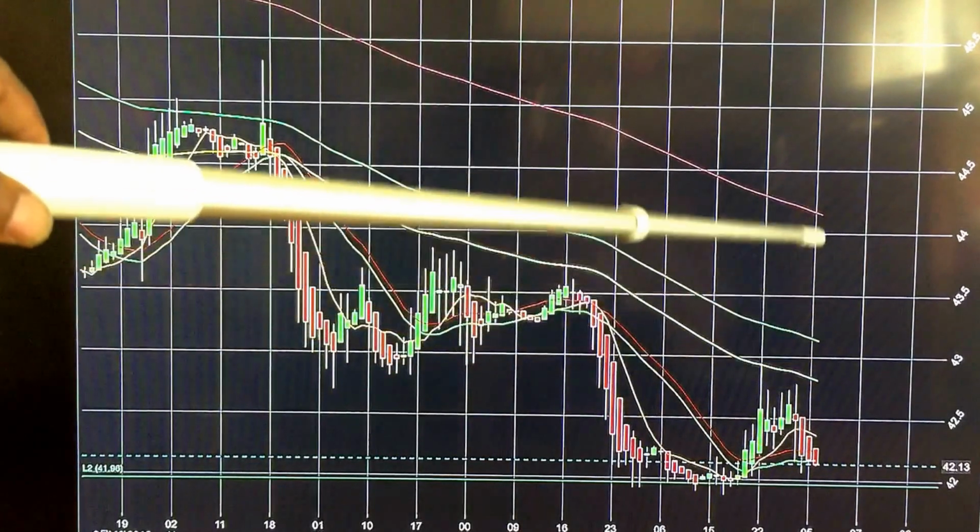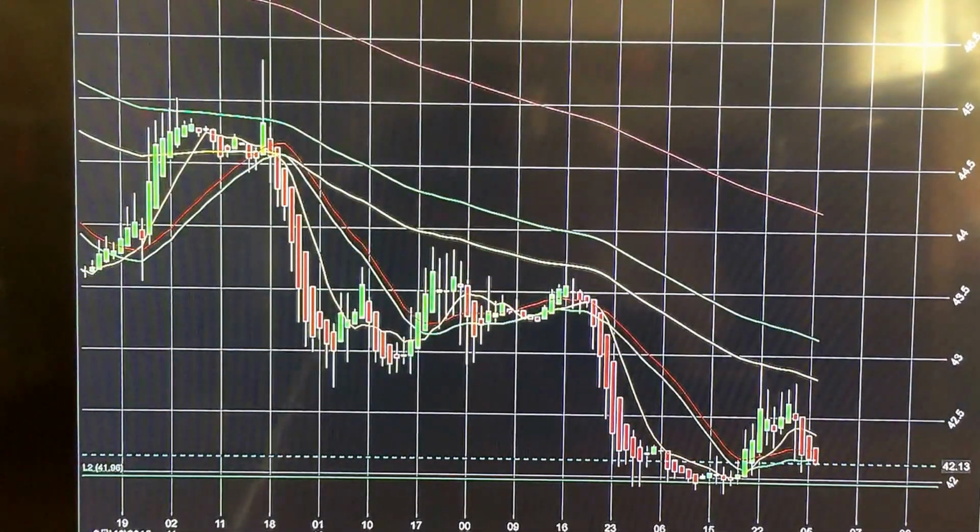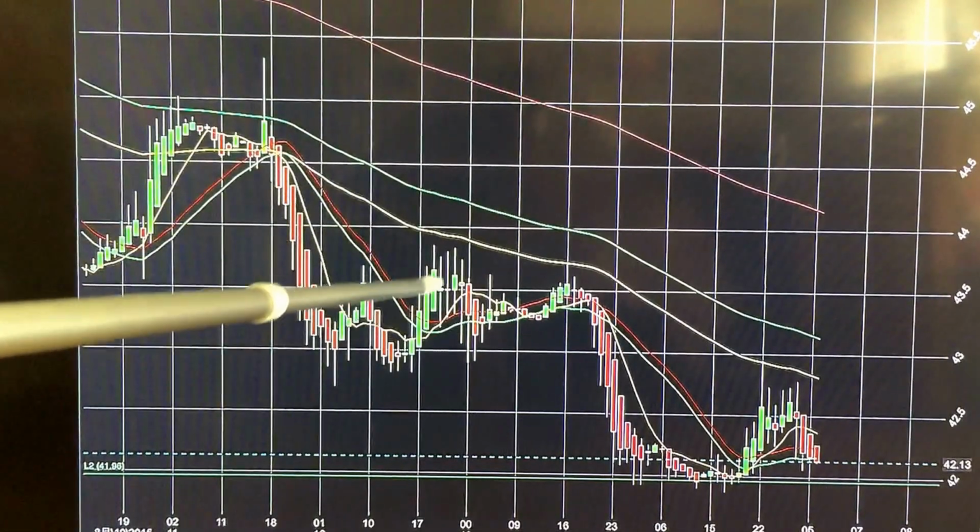All these lines will squeeze, and it will break out and start going up. That is when a change of trend has happened. All the things you see here are not a change of trend, it's a retracement.